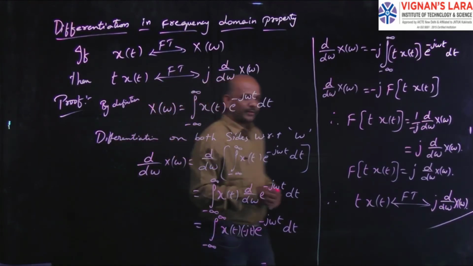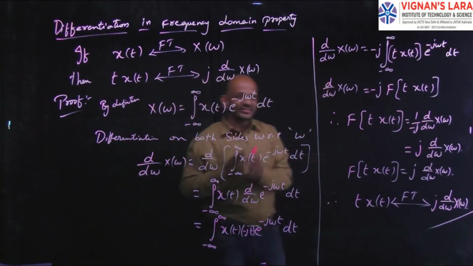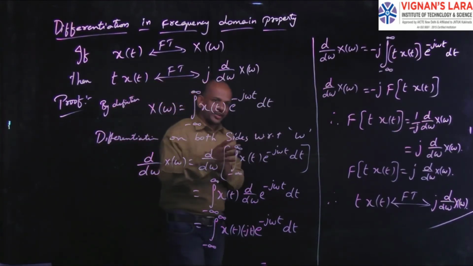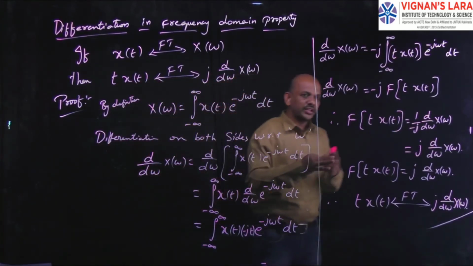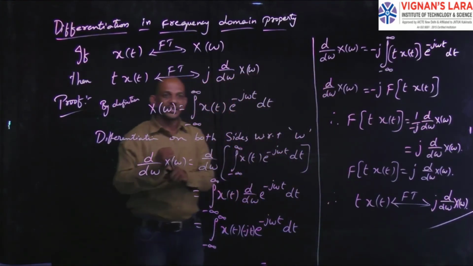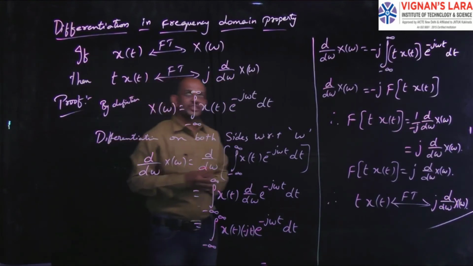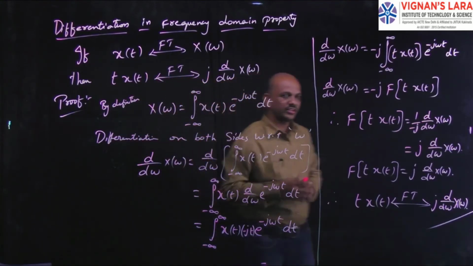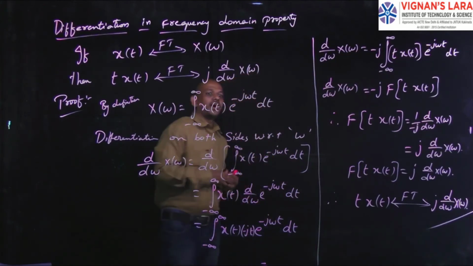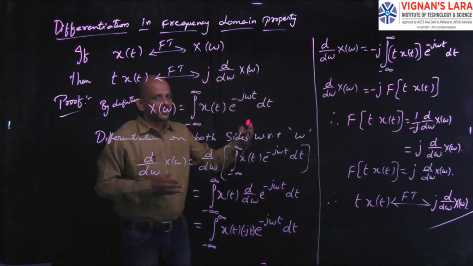So here I explained you the proofs for six properties. That is linearity property, time shifting property, frequency shifting property, time reversal property, time scaling property, and differentiation in frequency domain property. So for these six I have shown you the proofs. Now I am giving other six properties for your work.